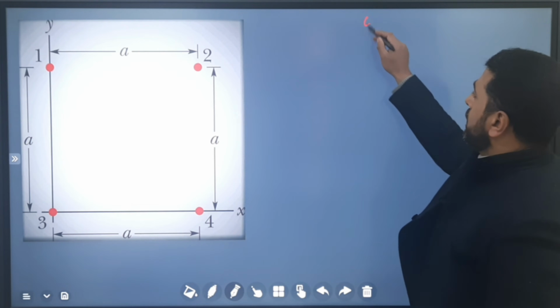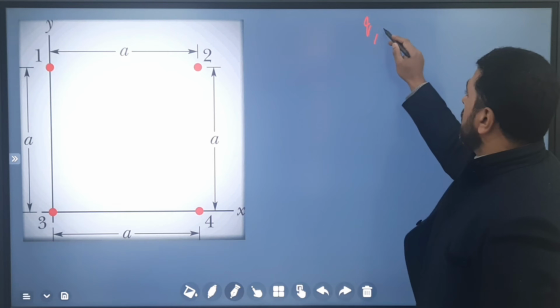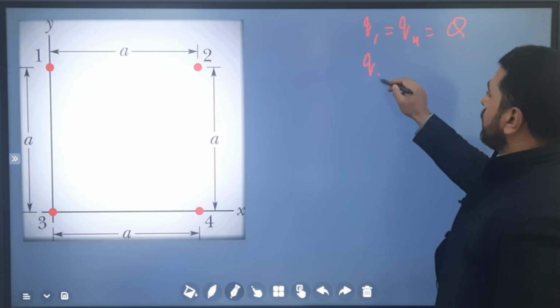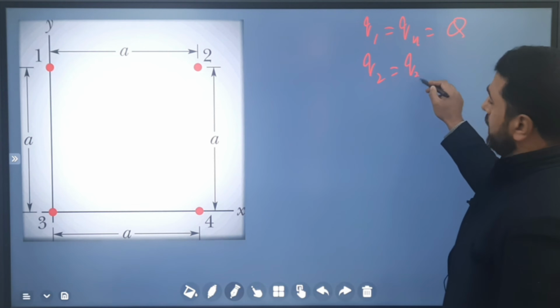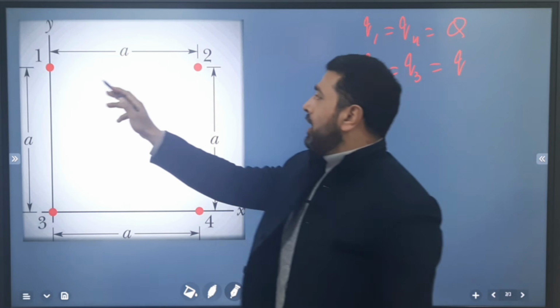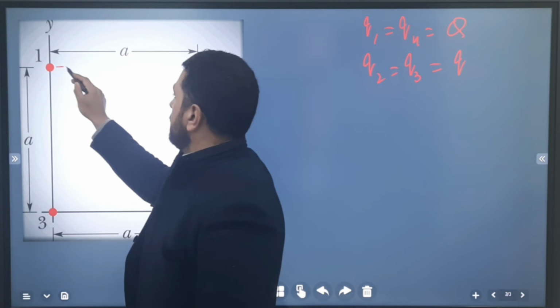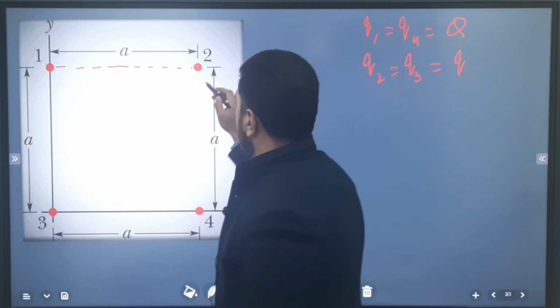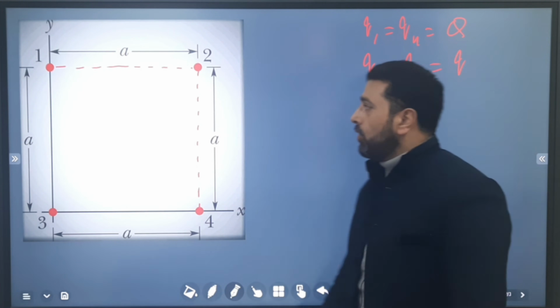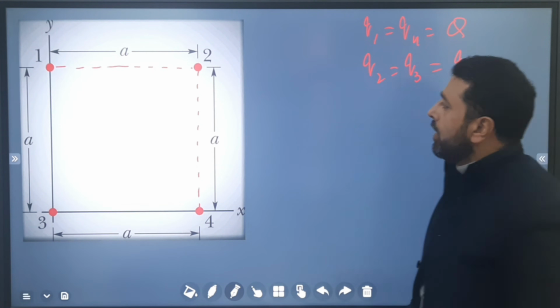So we are given here that Q1 is equal to Q4 is equal to capital Q, and Q2 is equal to Q3 is equal to small q. The four particles are on the corners of a square. So this is a square here of side A, four corners of the square.